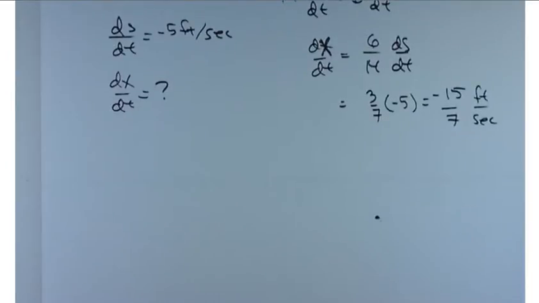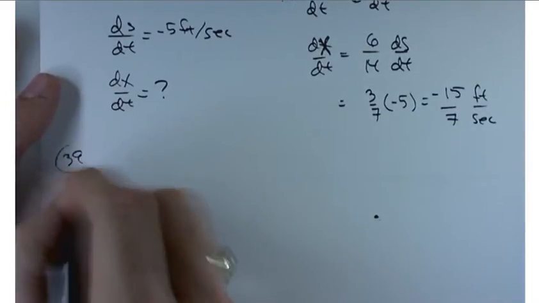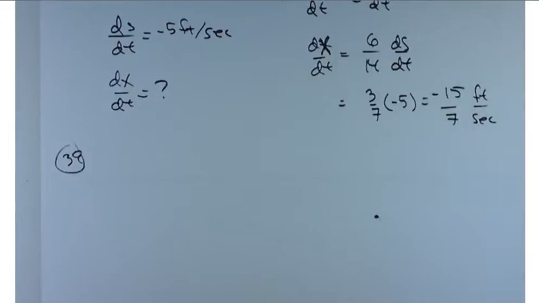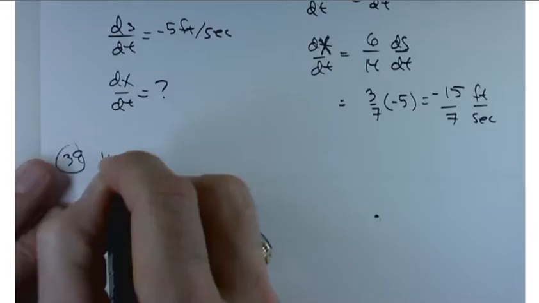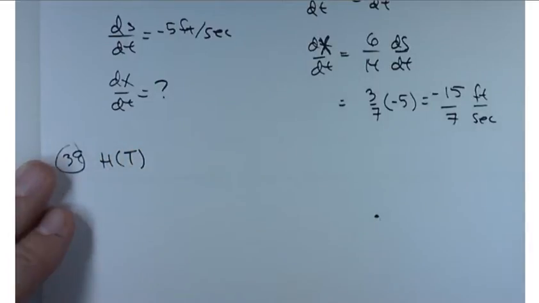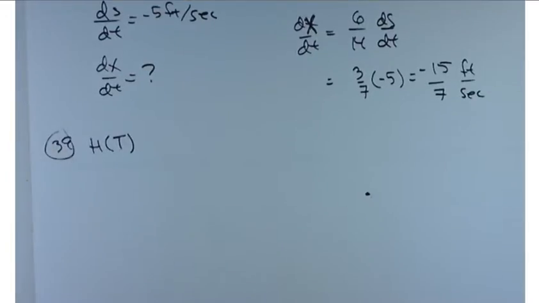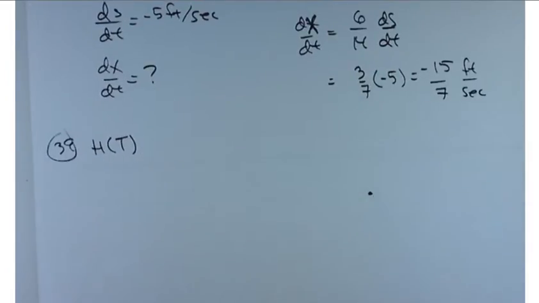All right, problem 39. Let me write down the formula here. I'm going to call it H of capital T. The reason I'm using capital T is because the T that they use represents temperature, but I want to use my little t for time.